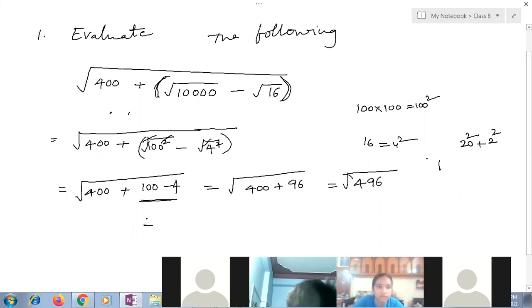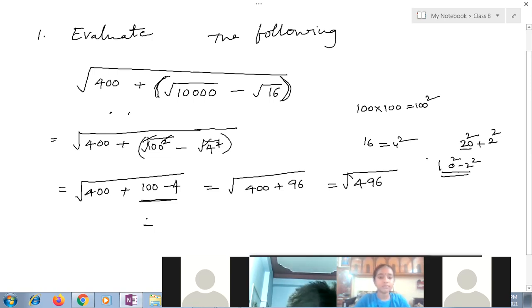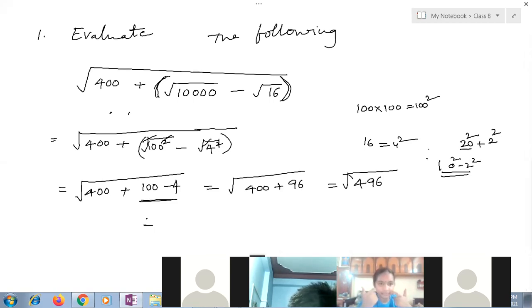Then 100 square minus what you are telling? 10 square minus 2 square you are telling? Ma'am, I am thinking the answer is 28 square. No, ma'am, the answer is 22.27. Yeah, that's okay.